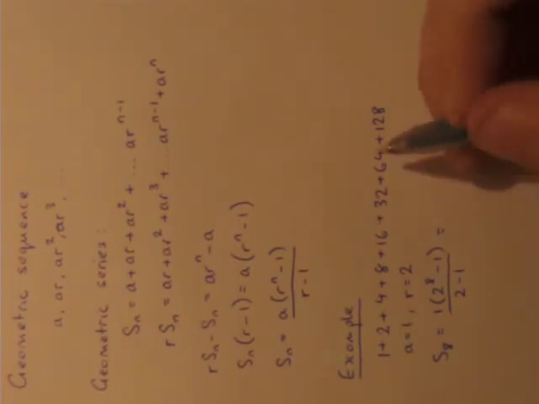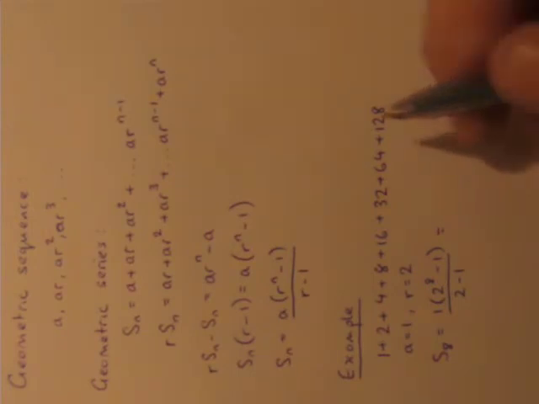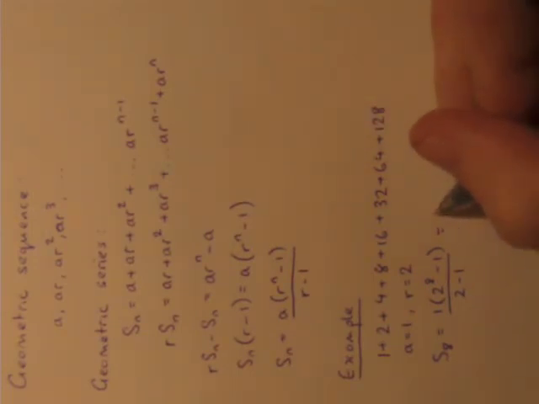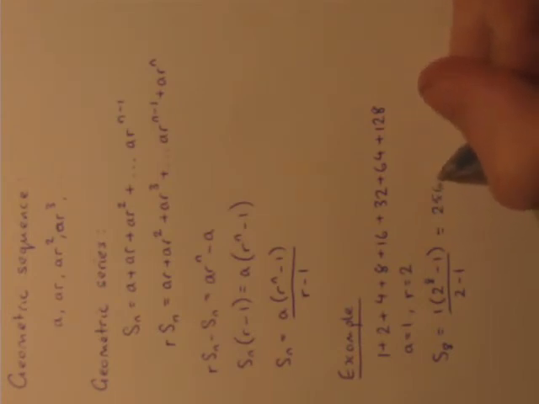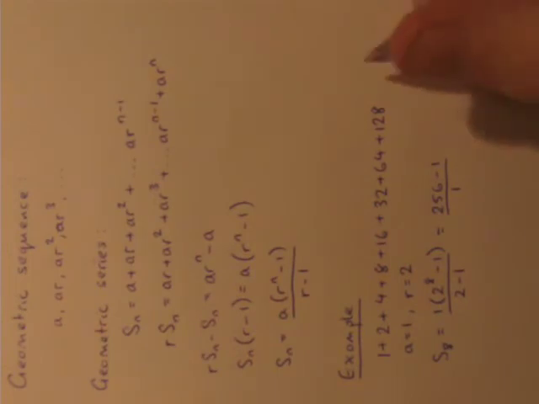If we worked out 2 to the 8, it would be 2 times 128, which is 256, minus 1 over 1. So I can say that my answer is 255.